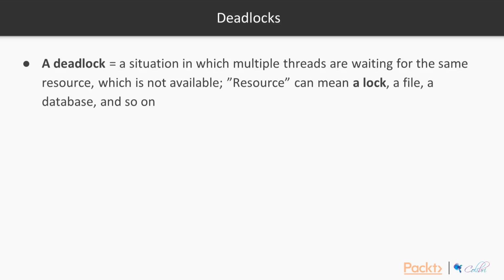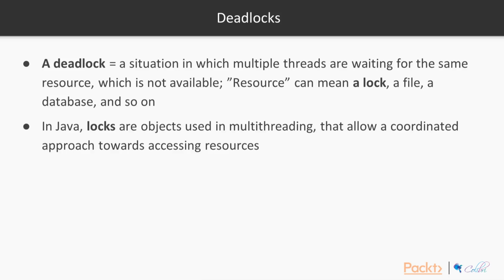As mentioned before, a deadlock is a situation when two or more threads are waiting for the same resource. In this context, a resource can mean anything from a simple integer variable that needs incrementing to a file writer, a database, or a network connection. Usually, developers represent these shared resources by locks in order to coordinate thread access.